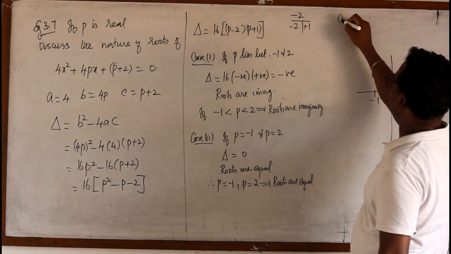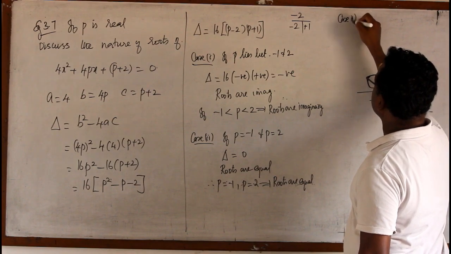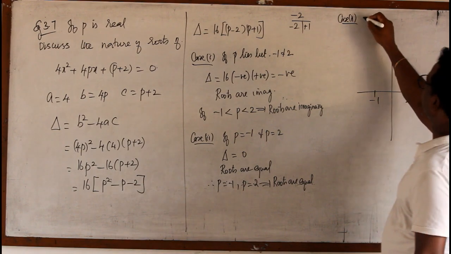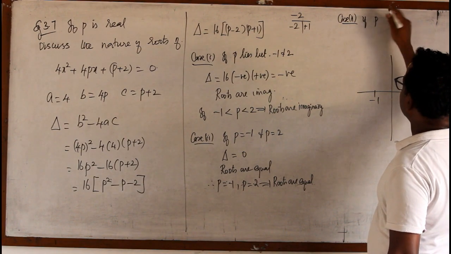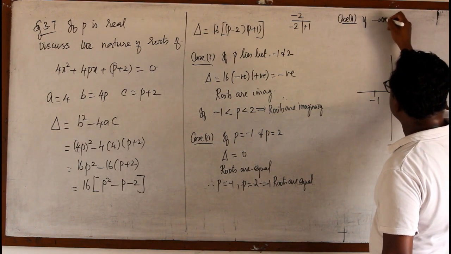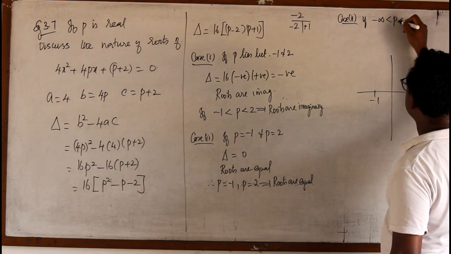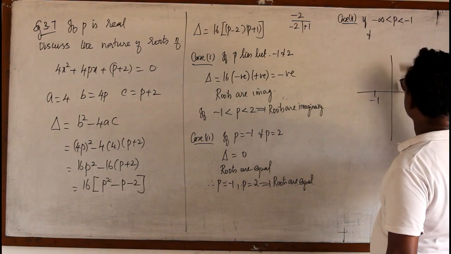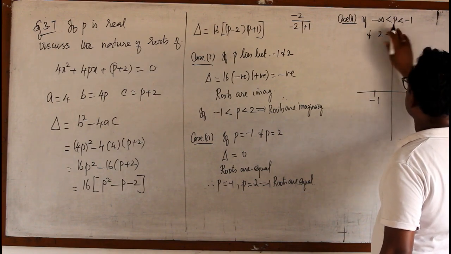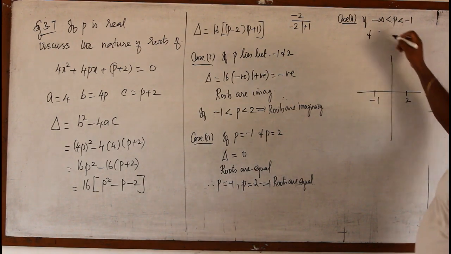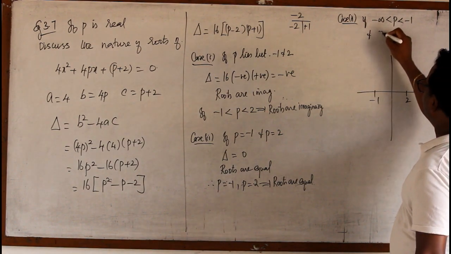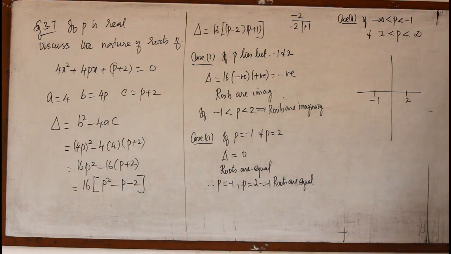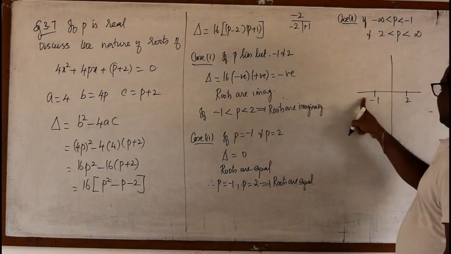Now, case 3. If p lies beyond minus 1 and beyond 2, that is, if p is between minus infinity and minus 1, or greater than 2, then I can take any value.